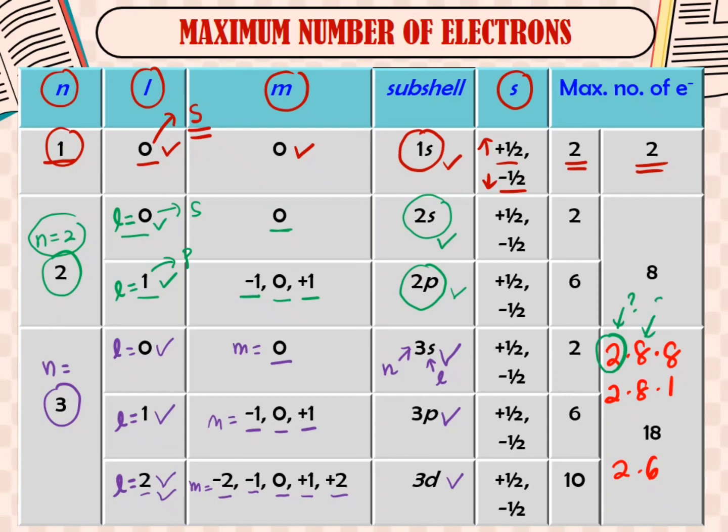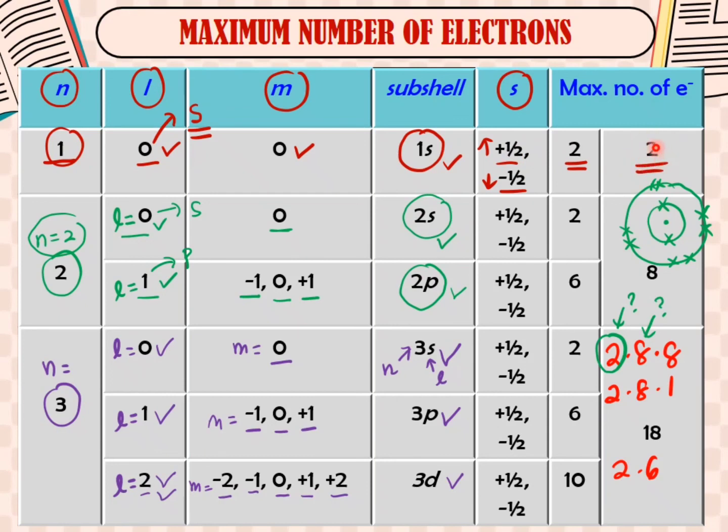Kenapa yang ni kena letak nombor 8? So kelas dulu korang lukis ni nukleus. So first shell you letak 2, second shell you letak 8 elektron maksimum. Betul tak? So this is the reason guys. Dah menjawab dah persoalan you all masa zaman sekolah.